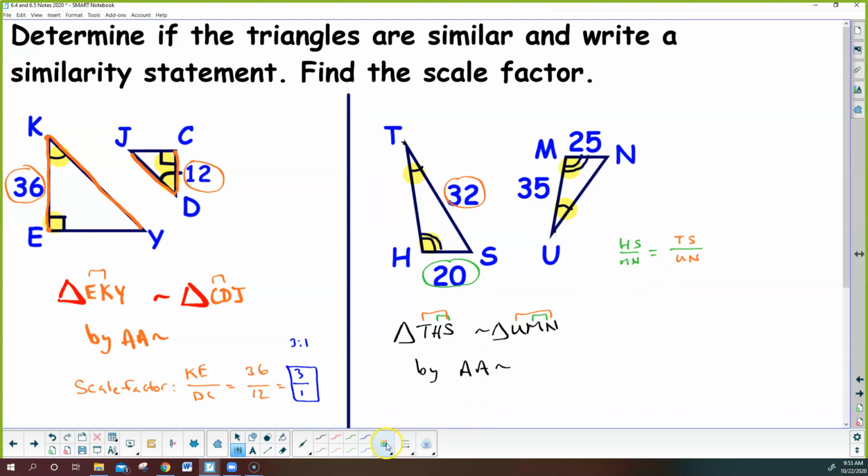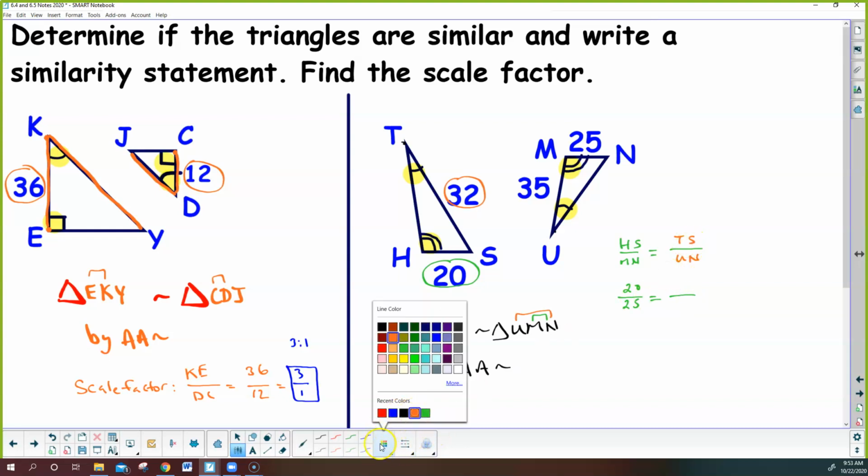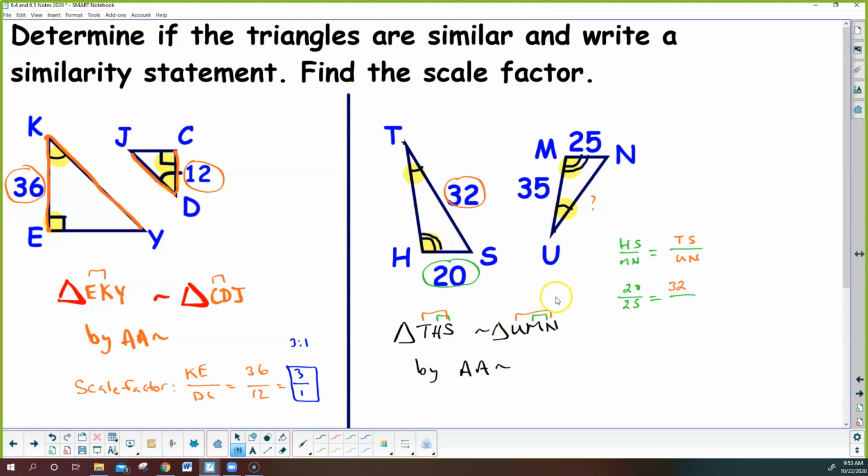But let's plug in the information. We know what HS is equal to. HS is 20. MN is 25. And let's plug in TS. TS is 32. And UN, ooh, did I write that correct? UN? Yeah, notice we don't know that side.